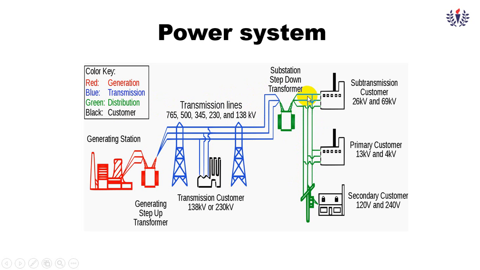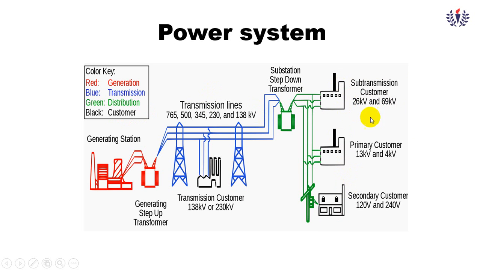Here there may be bigger consumers. For example, 33 kV will be received by the industry directly. For our residences, one more transformer will be there, where 11 kV is stepped down to 440 volt, which can be used by ourselves. Here you can see 26 kV to 69 kV.